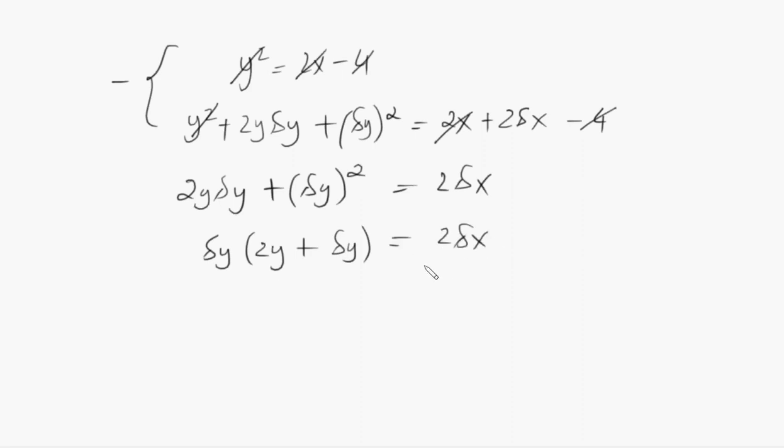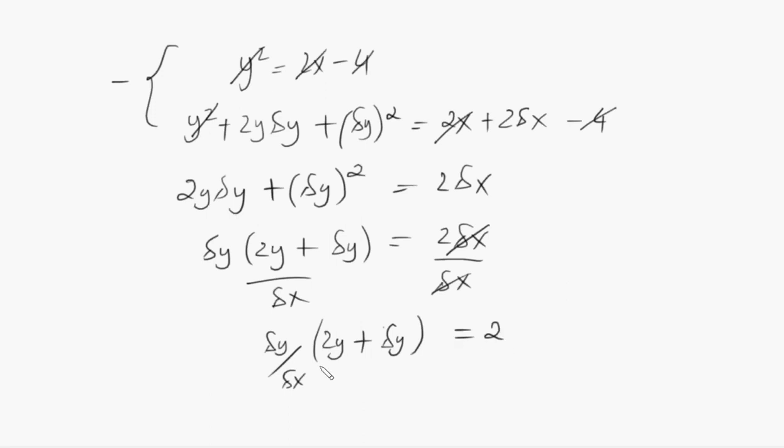Now remember, I am looking for delta y over delta x. So I divide by delta x both sides. I'm going to remain with delta y over delta x times 2y plus delta y equals 2. So what does this mean?